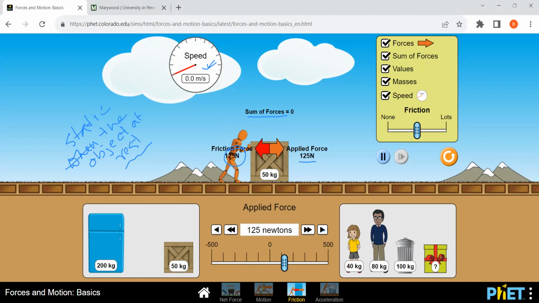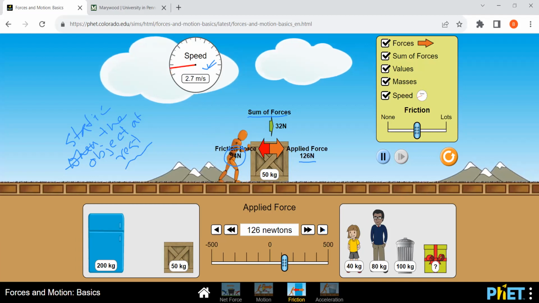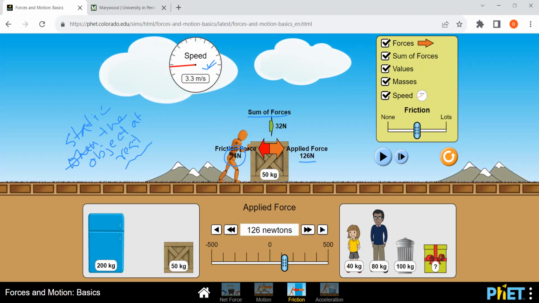Once we overcome the maximum limit of the static friction, it becomes kinetic friction. So you see that kinetic friction is 94 Newton. So why do we have this? Because it's difficult to start moving an object. Once it starts moving, it's easy to keep moving. So that's why the kinetic friction is lower than static friction.